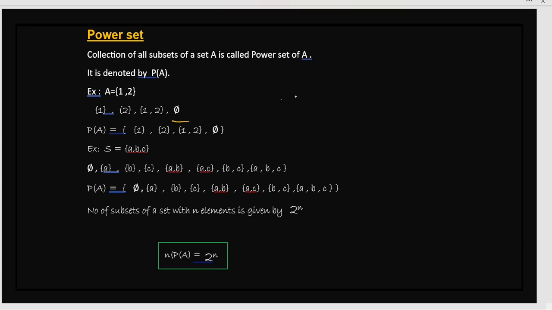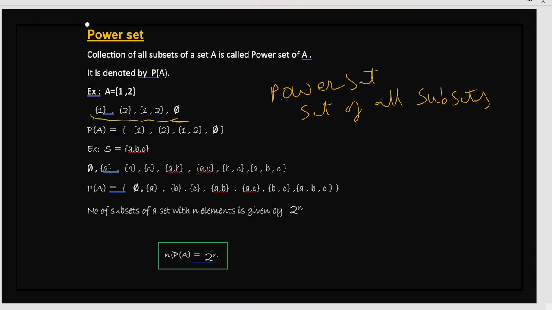So P(A) is a set of sets. P(A) is the power set. Power set means the set of all subsets. These are all the subsets.